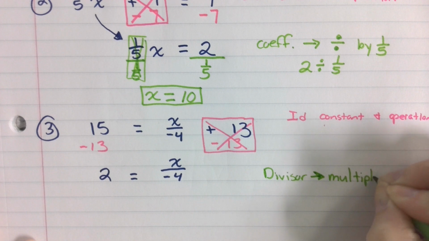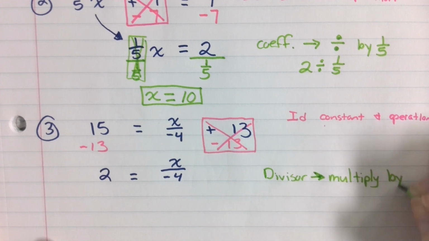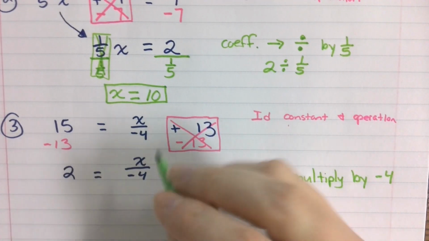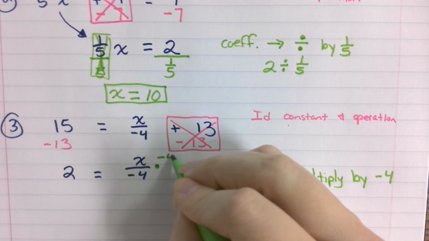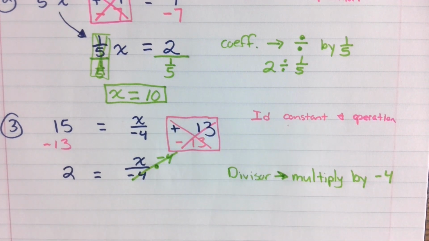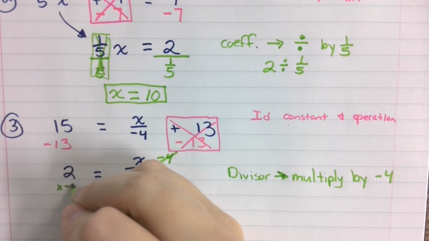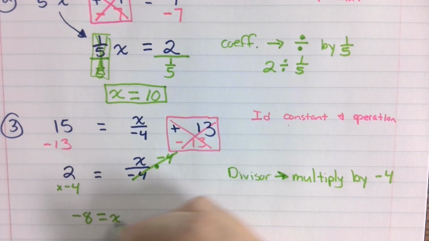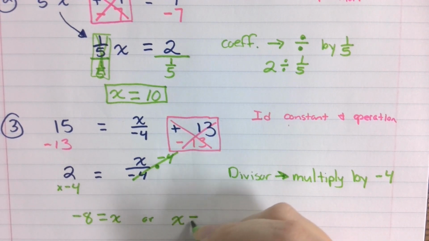So we're going to multiply both sides by -4. Those will cancel out. And I multiply the other side by -4. And I'm going to get -8 is equal to x, or x is equal to -8.